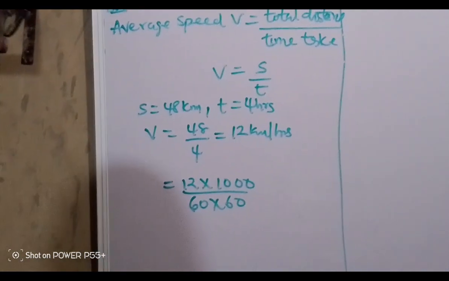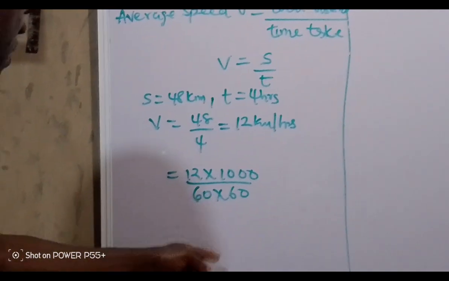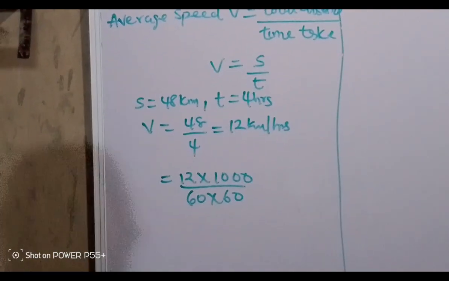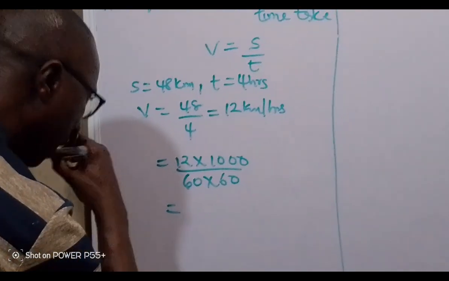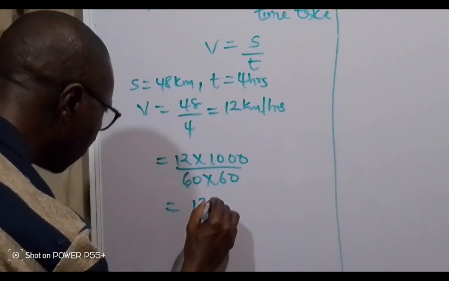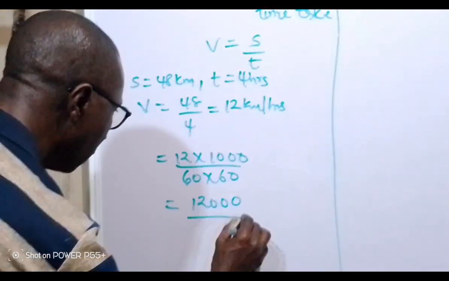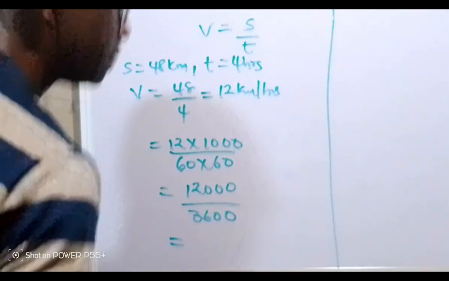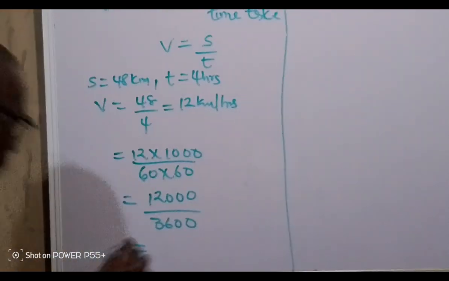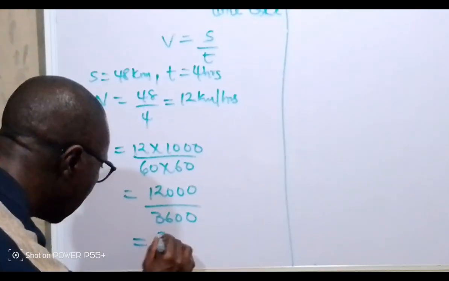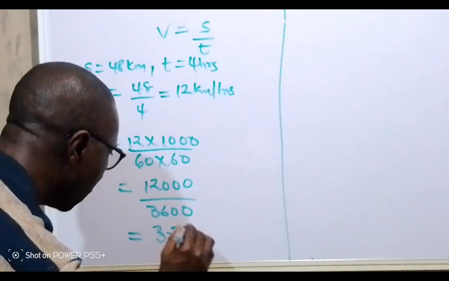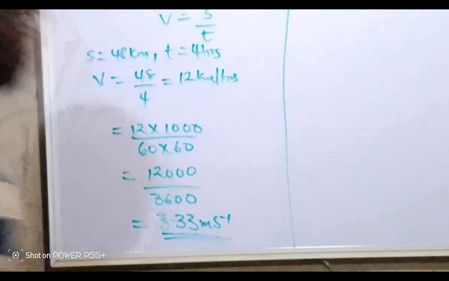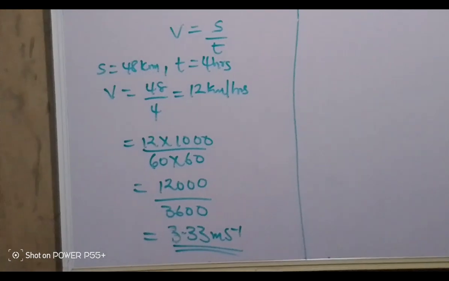So it will be 1 multiplied by 60 multiplied by 60 to convert 1 hour to seconds. So this will give us 12,000 divided by 3600, and the answer is 3.33 meters per second. That's the answer for this question.